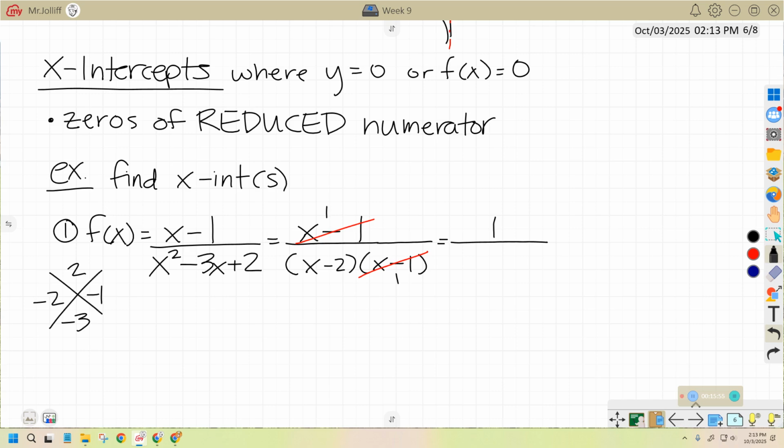Yeah, we cancel things that are the same. I see something, and then x minus 2. Anything divided by itself is, right?